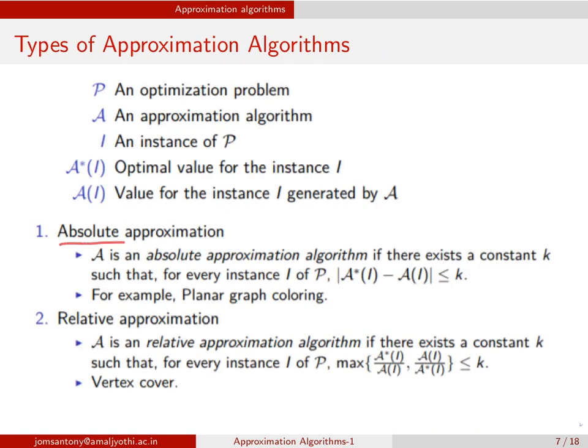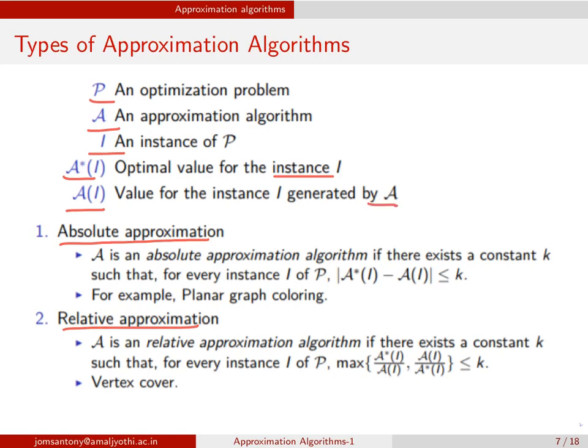One of them is called the absolute approximation algorithm and the other one is called the relative approximation algorithm. Let's try to understand each of them. So let P be an optimization problem, A an approximation algorithm, and I be an instance of P. Also, A star of I is the optimal solution for the instance I, and A of I is the solution generated by our approximation algorithm.